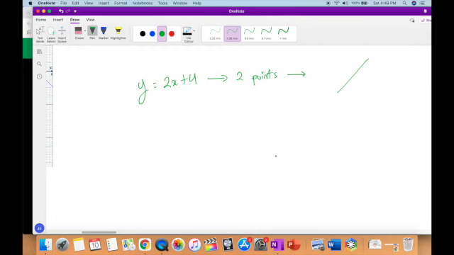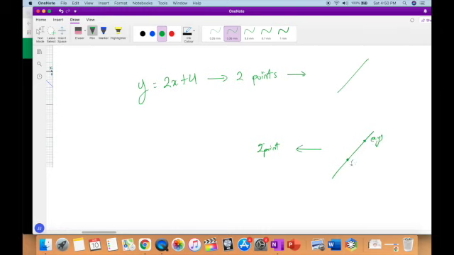Right? But in the next class, we're going to be going in the other direction. In the next class, they're going to give you the line. And then from the line, you're going to have to find the 2 points. So you could just look at any 2 points on the line, get the coordinates for it.